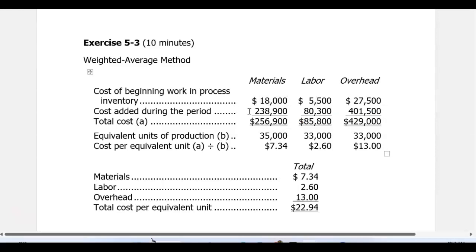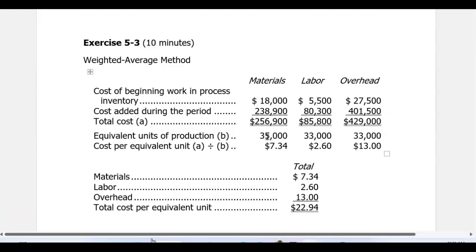Cost added during the period, we know that we added 238,900 of materials, $80,000 for labor, and 401,000 for overhead. The total cost, we just add them up. So for material it is 256,000, labor is 85,000, overhead is 429,000.